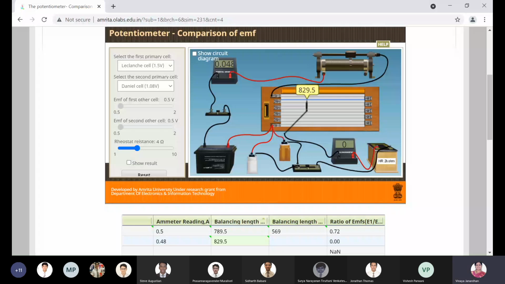Austin, I couldn't get your work, Austin. Danish? Ma'am, I'm sending. Okay. Rishit, are you there in class? Yes, ma'am, I sent it.